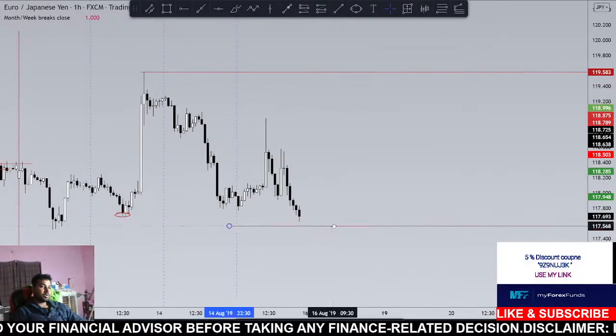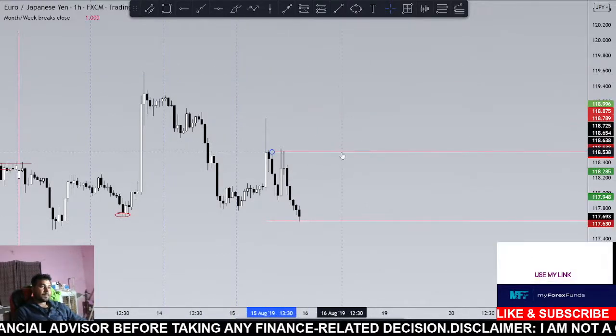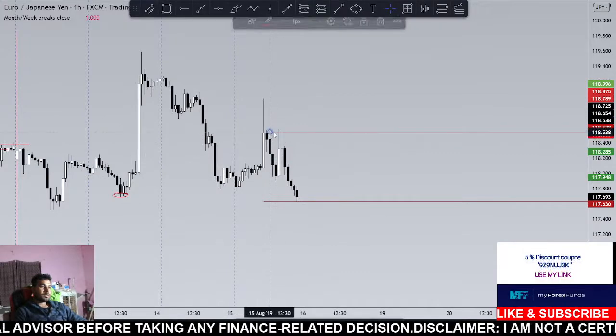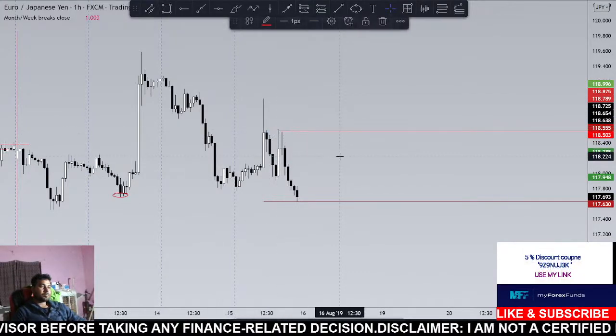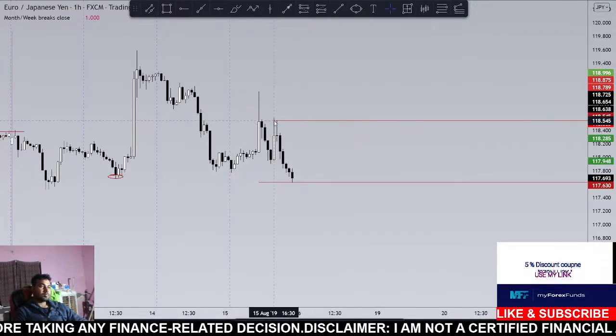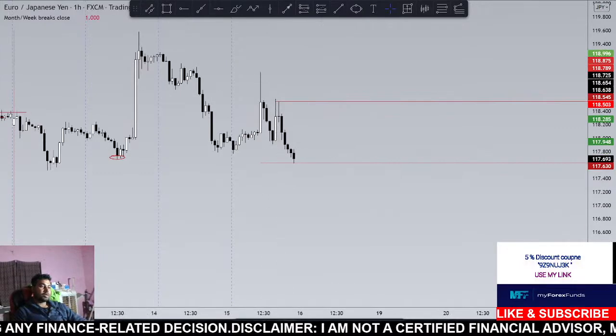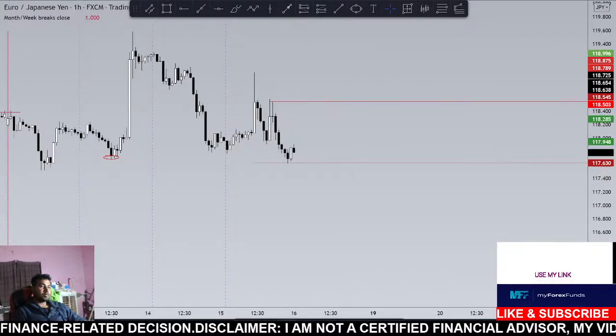Now it has just broken the low. Just broken the low and not giving me any confirmation to take any entry right now.